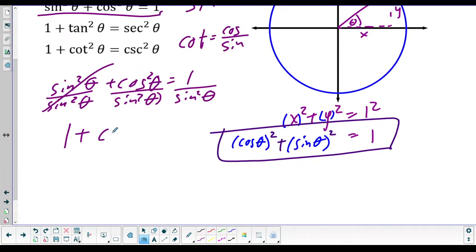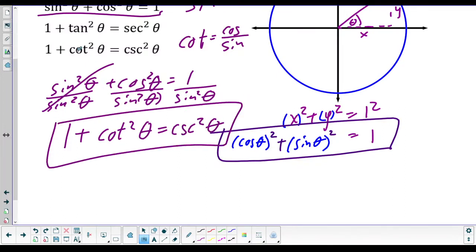So this is cotangent squared theta equals 1 over sine. What's the reciprocal trig function for sine? Oh, cosecant squared theta. So that's how you make this one right here.